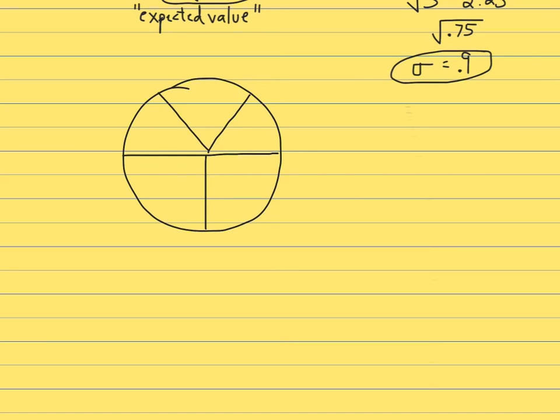Assume that these three angles are the same, 60, 60, and 60, and these are both 90. Calculate your probabilities that way. I suppose I should write that: 60 degrees each and 90 degrees each.